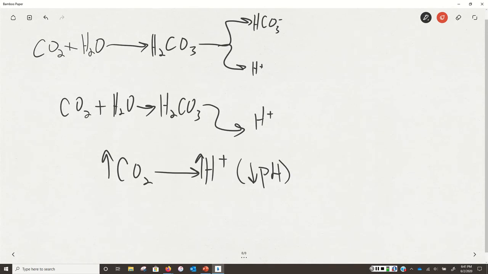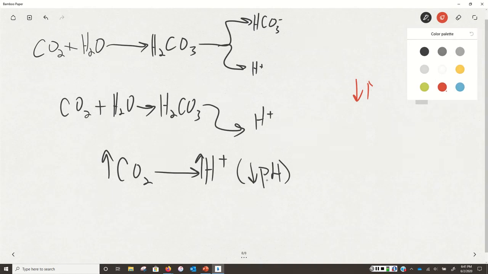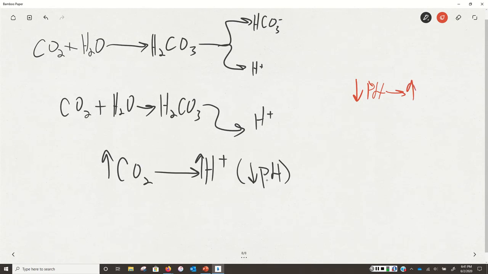Okay, so we can say beyond a doubt, whatever CO2 does, pH does the opposite. But we cannot say that whatever pH does, it was because CO2 did something.